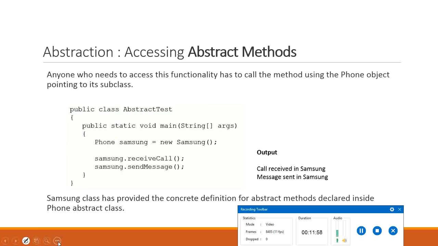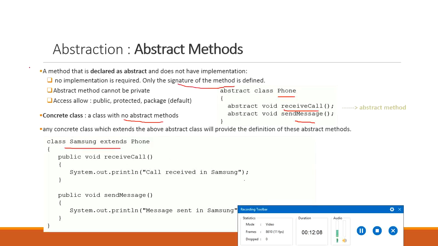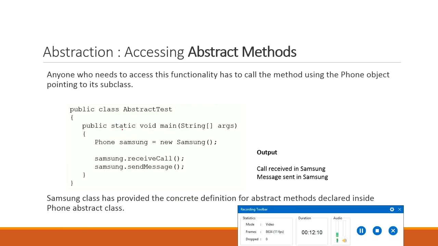Alright, abstraction. Anyone who needs to access this functionality, now the main method has to be created and an object of the child class will be made. So what is the child class? Samsung is the child class. So we will call the methods using the Phone object. If you see over here, Phone samsung equals new Samsung.